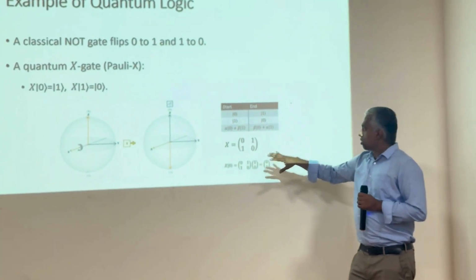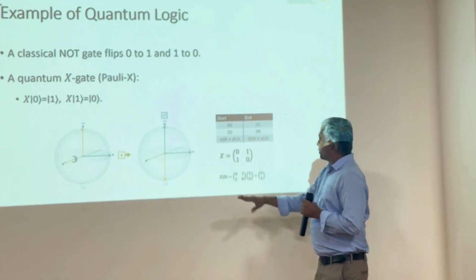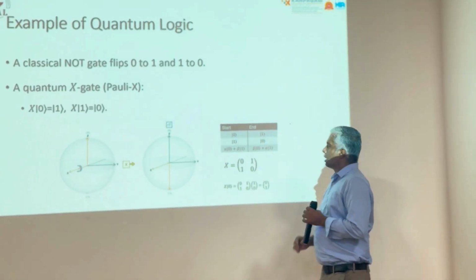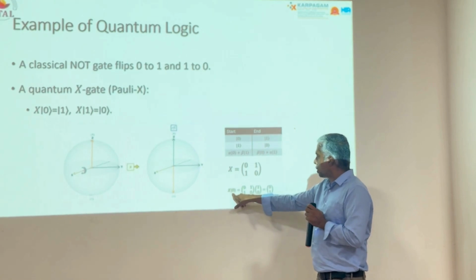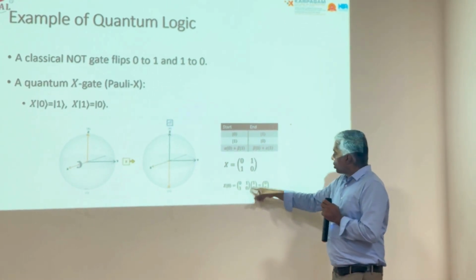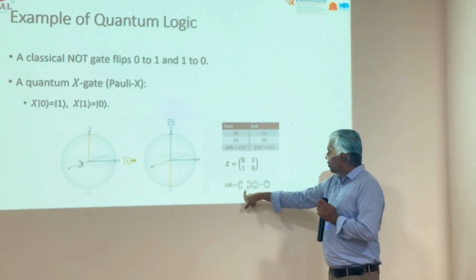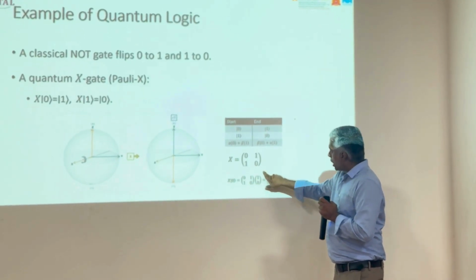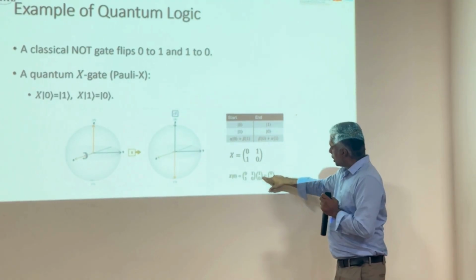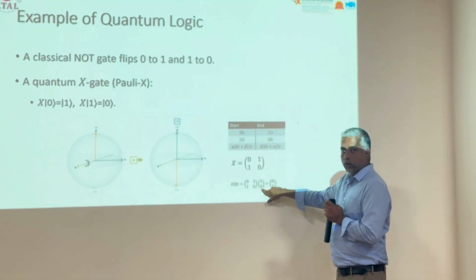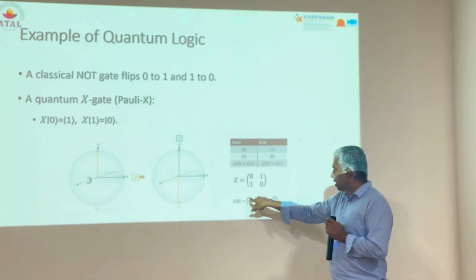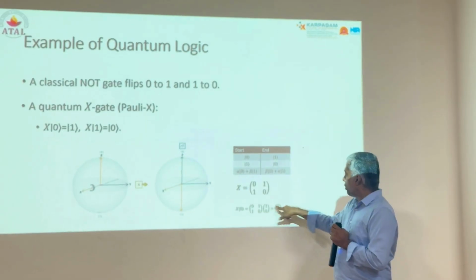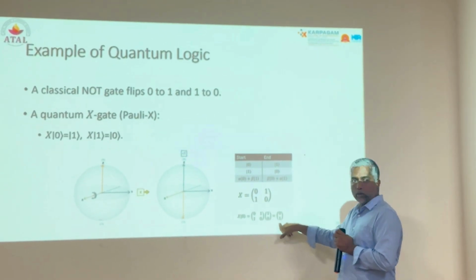So if you apply the flip operation, for example, consider initially you have the 0 state. You should multiply this X matrix with the state 0. In vector space, 0 is represented as 1, 0. If you perform the tensor product between this matrix and this vector, you will get 0, 1. This is 1.